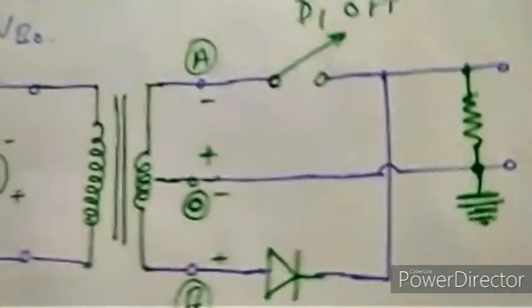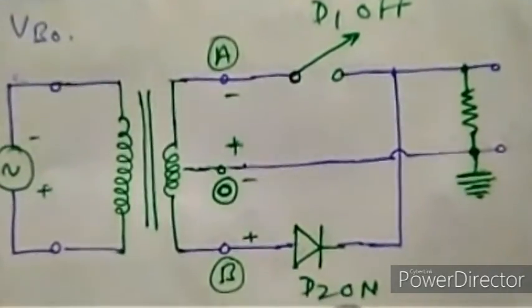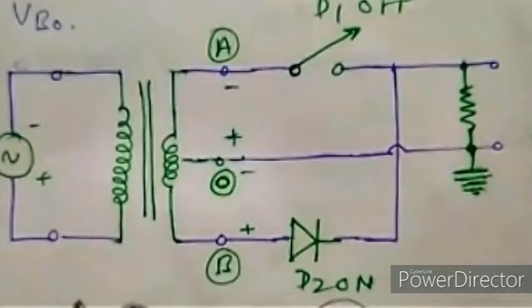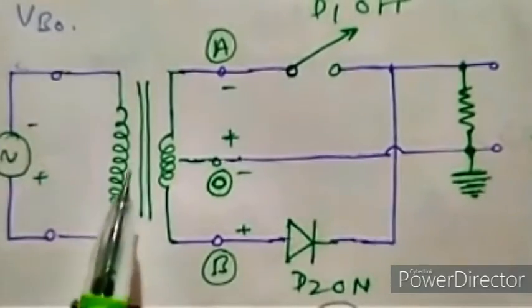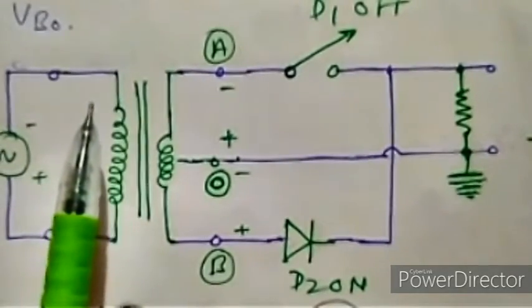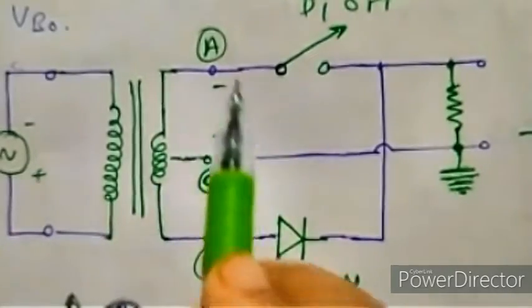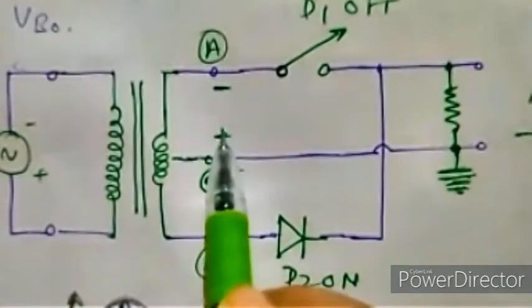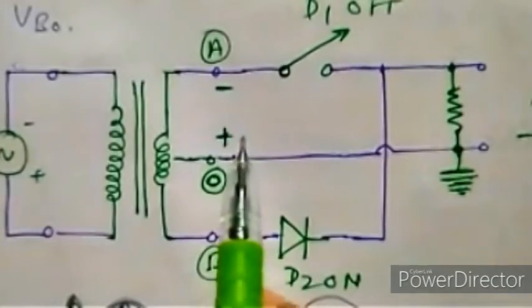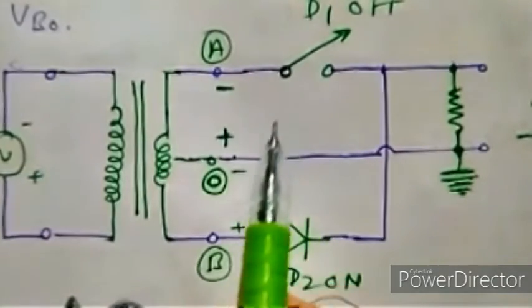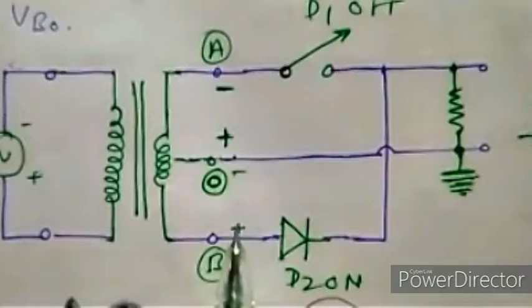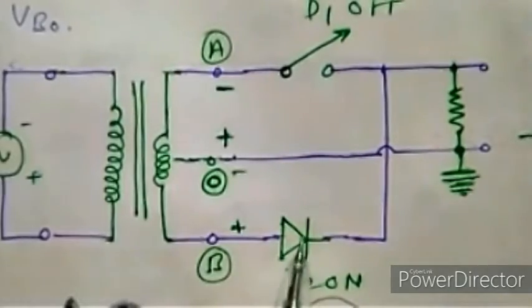So in the negative half cycle, VAO is negative. It means the negative potential drops over there, and VBO is positive, right?